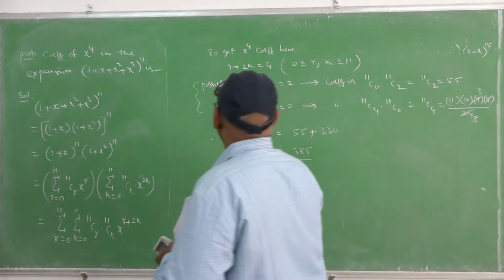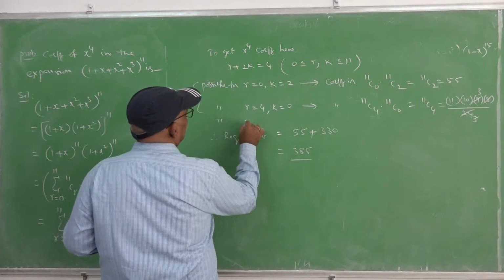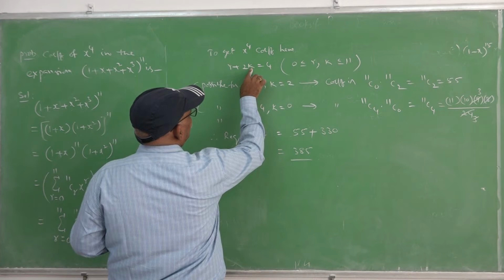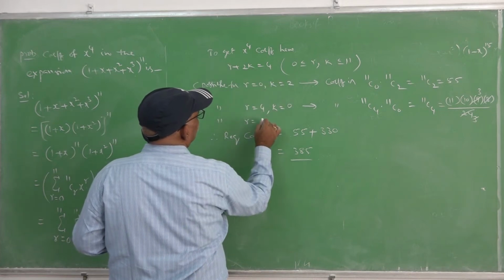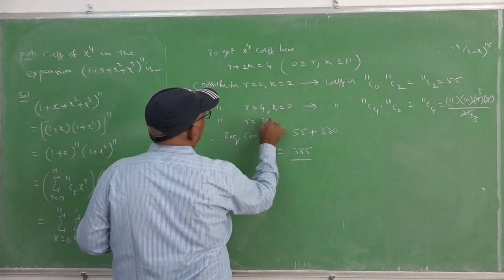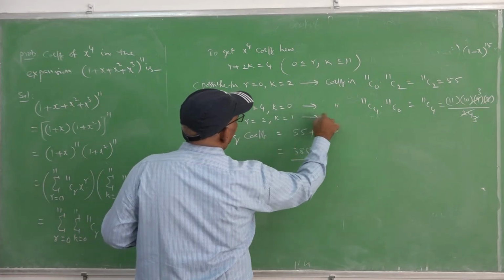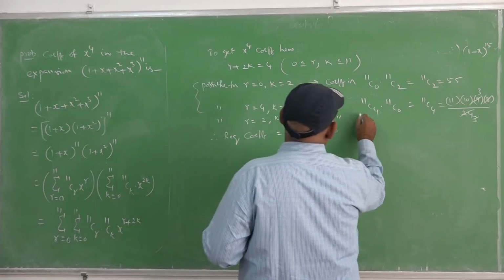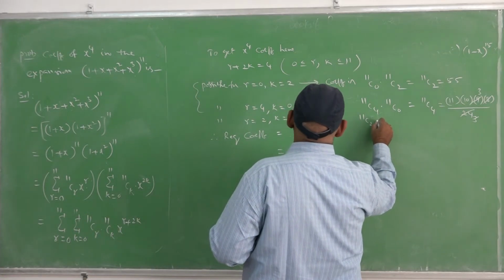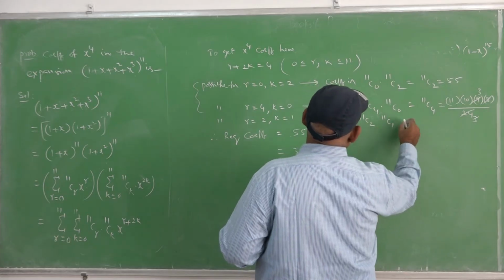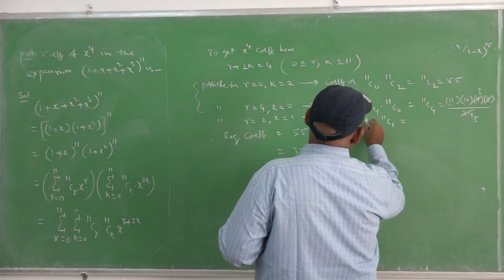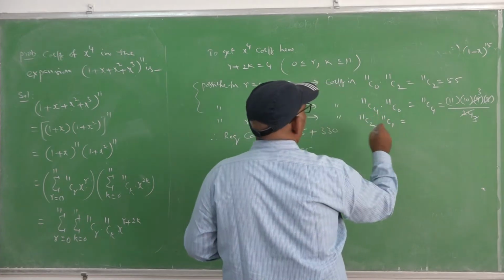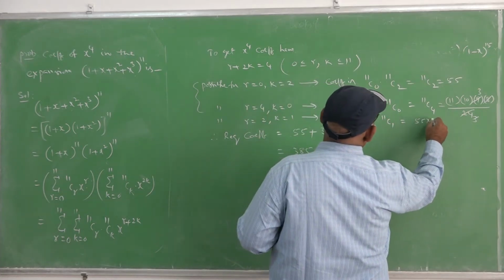Of course, possible for taking k equal to 1 or equal to 2. For k equal to 1, the coefficient is 11C2 into 11C1. 11C1 is 11, 11C2 is 55, 55 into 11.